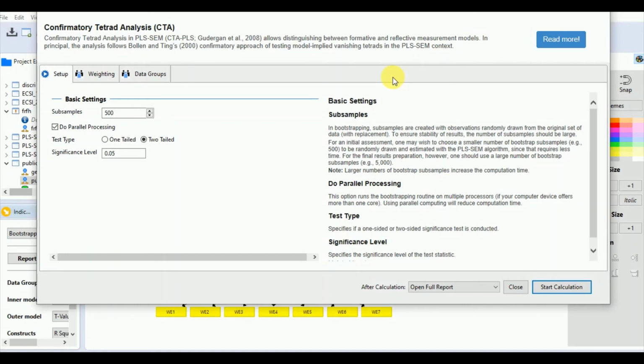In a reflective measurement model, these tetrads should vanish, that is, they become zero, as the indicators are assumed to stem from the same domain. If one of the construct tetrads is significantly different from zero, one rejects the null hypothesis and assumes the formative model instead of the reflective measurement model. This procedure is for the robustness check.